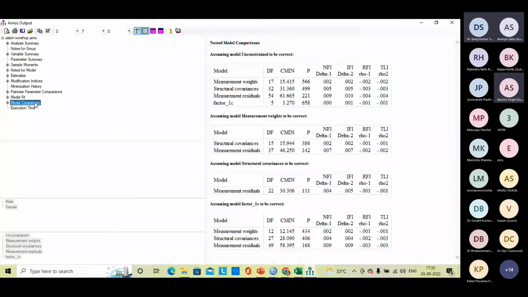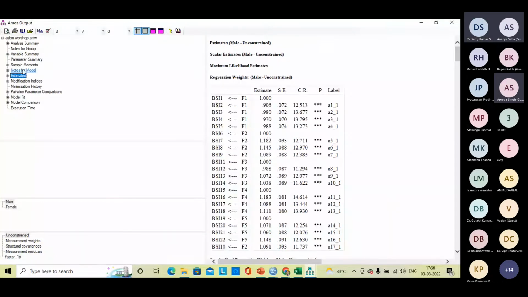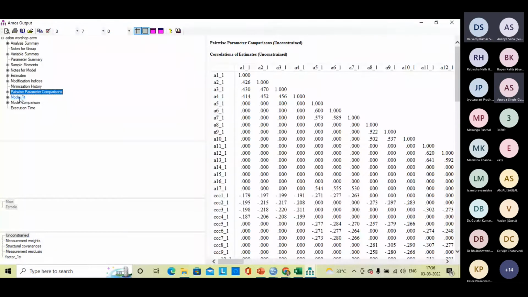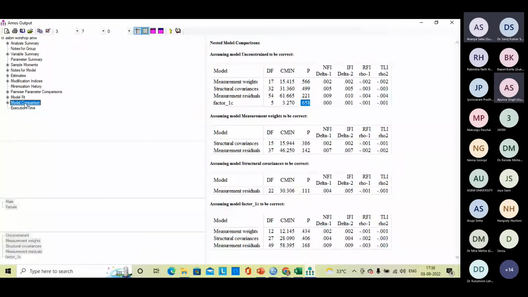The factor that I have constrained, factor 1C, is also insignificant, highly insignificant, at 0.658, much above 0.05. Model comparison, yes, the same thing I was explaining.